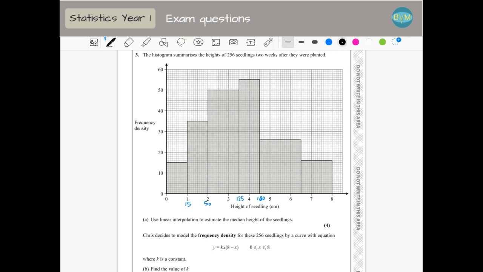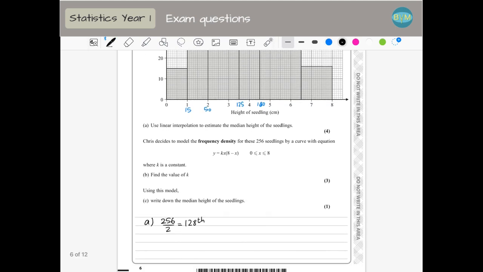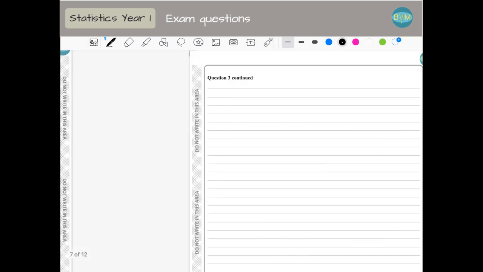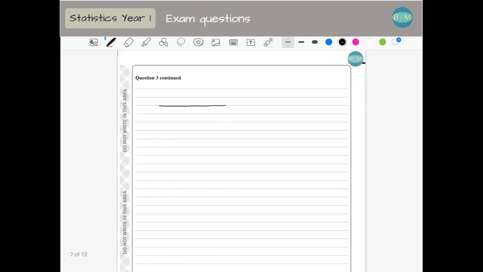To do the interpolation, I'm going to write on the next page. On one side, I'm going to write the order. So I have my 125th value and my 180th value, and I need to find my 128th.